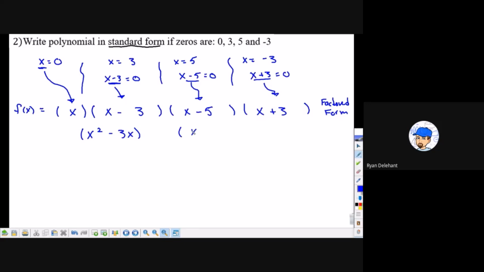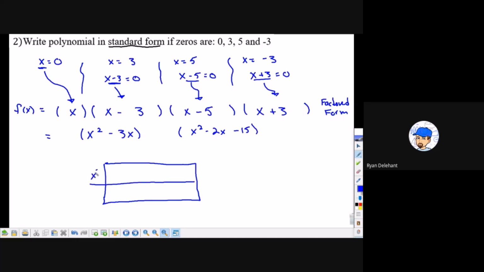We're going to get x squared minus 2x minus 15. And then one more set of multiplication. When you get to the bigger ones, a box would probably pay dividends. So you could write your answer out here because we're just multiplying polynomials. So let's put the x squared over here, the minus 3x.